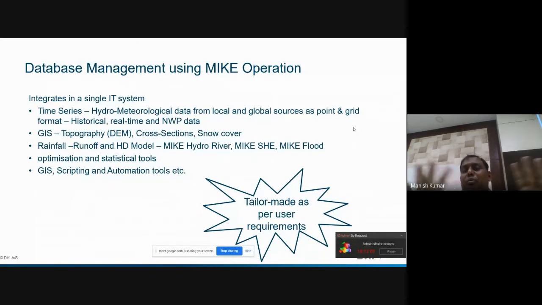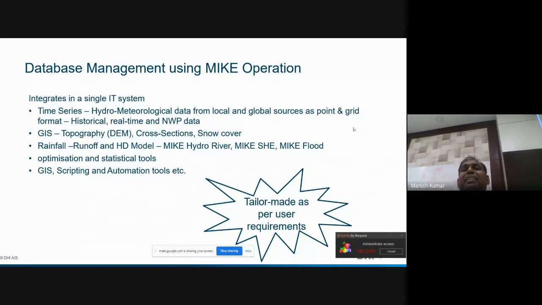Now when you have generated this, the data acquisition system, models, all these things need to be incorporated into a data management system, and MIKE Operations allows it. It's a single IT system platform where you have time series, GIS, models, various other tools, scripting, automation.